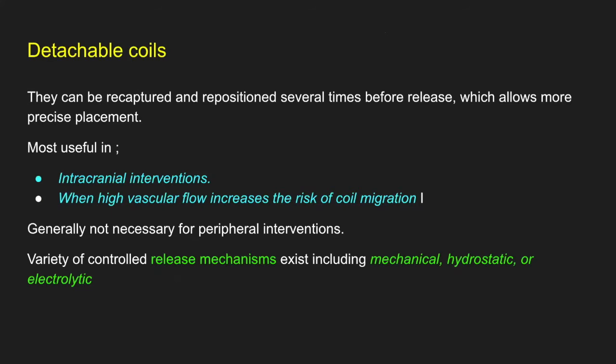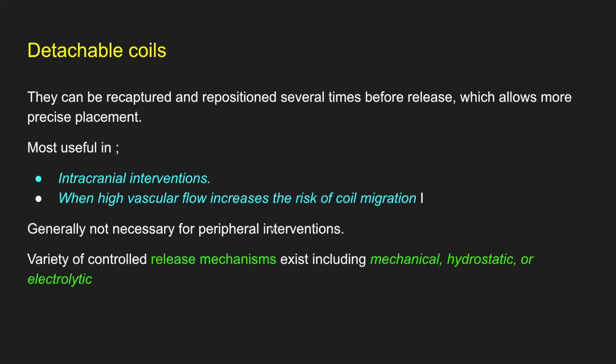The detachable coil can be recaptured. In comparison to the pushable coils, these are good because they can be recaptured and repositioned several times before the release, which allows more precise placement. But these are more usually used in intracranial interventions, and when you have a very high vascular flow, which increases the risk of coil migration. Even if they migrate, you know that you can retrieve them.